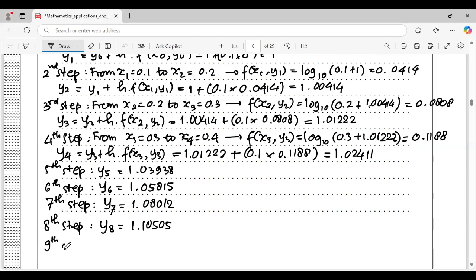Okay, the ninth step, y9, we got 1.13305.